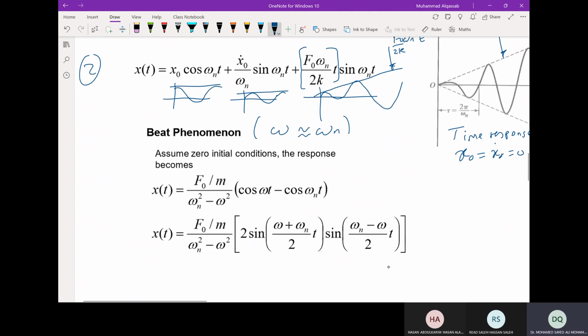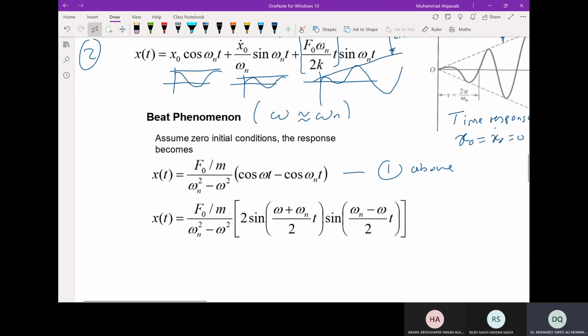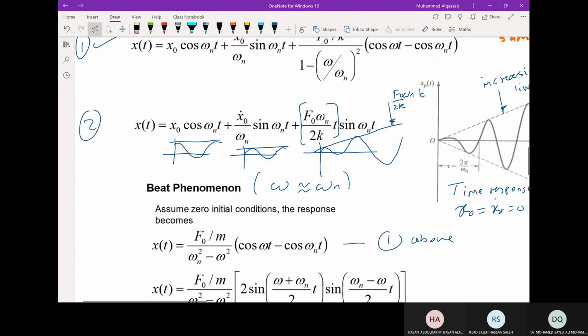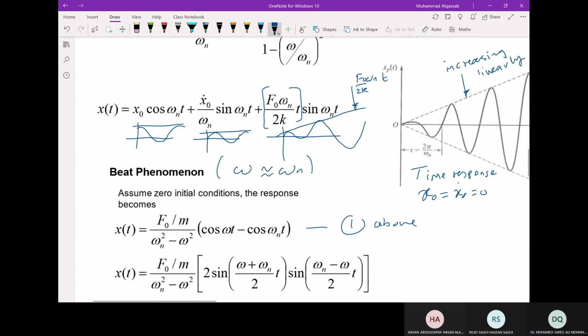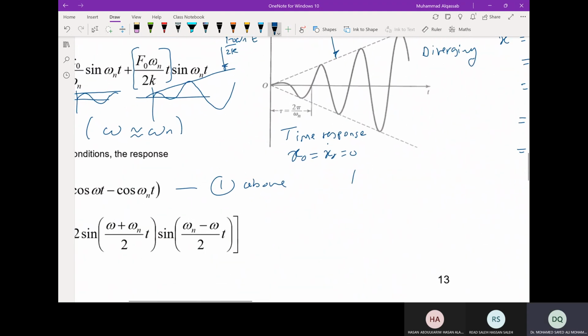This is exactly the same as equation number 1 above, but f naught over k over 1 minus omega over omega n squared is simplified a different way. So we have f naught over k over 1 minus omega over omega n, all squared.